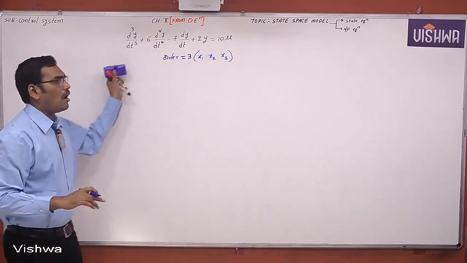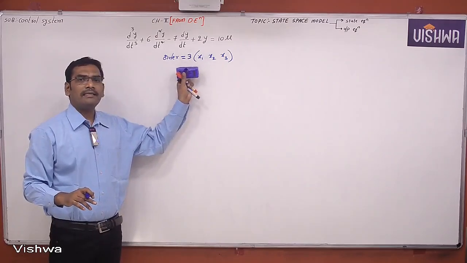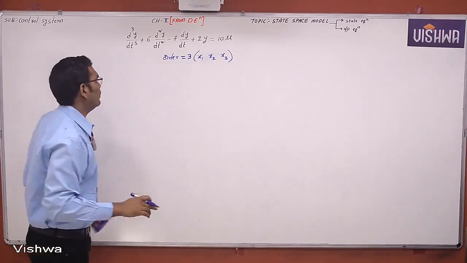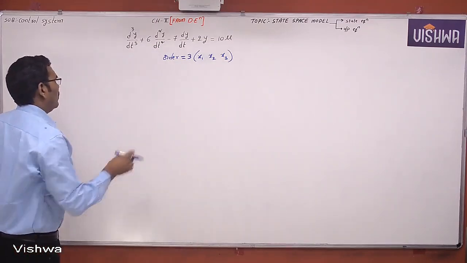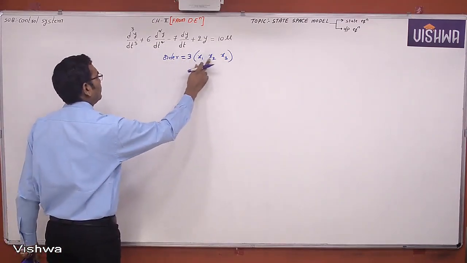Now see here, order is 3. When order is 3, there are 3 state variables, x1, x2, x3.